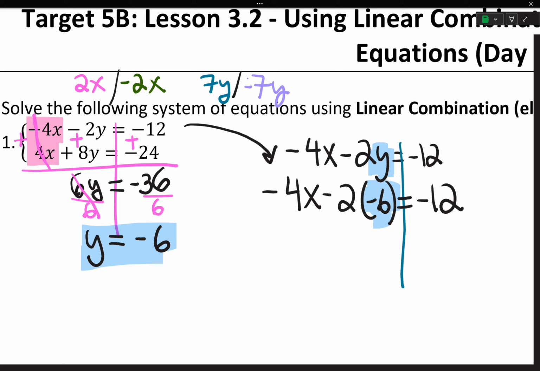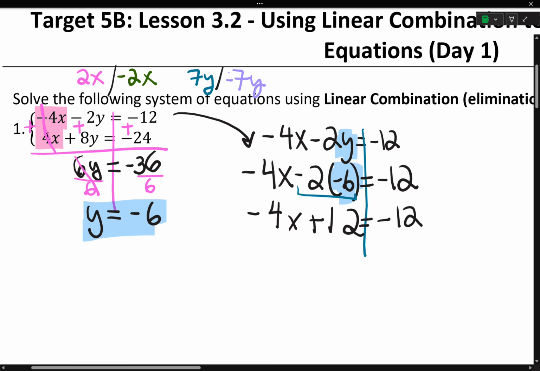Okay, let's solve for x. First, we need to multiply negative 2 and negative 6, which gives us positive 12. Which means we have negative 4x plus 12 equals negative 12. In order to continue working towards getting x by itself, we need to subtract 12 from both sides. We're doing this because it's a plus 12, and to undo plus 12, we subtract 12.